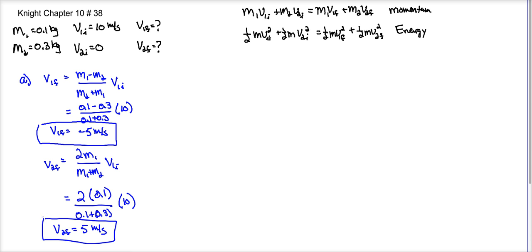Okay. Now for part B, they want to know what happens if it is perfectly inelastic. So we start with two objects that each have their own momentum. So we have m1 v1 initial plus m2 v2 initial, and if it's inelastic, they're going to hit and stick.